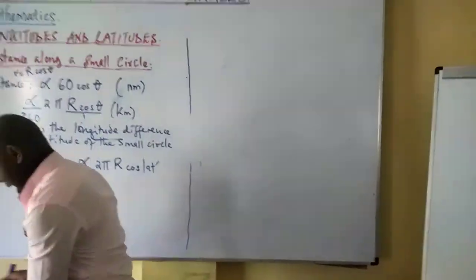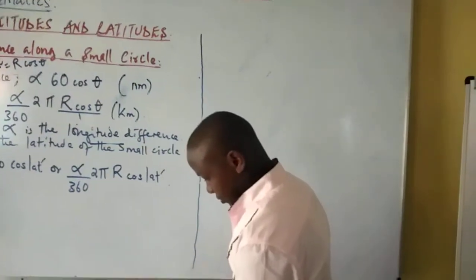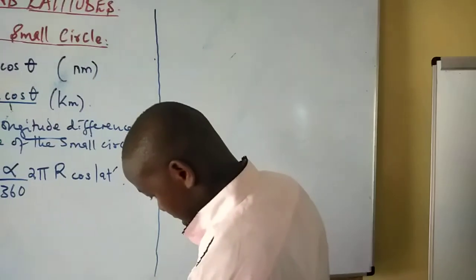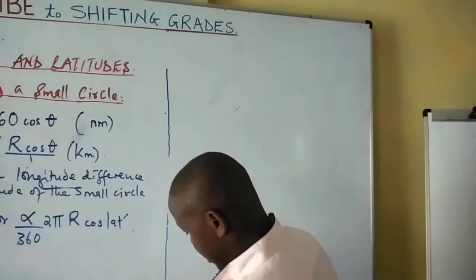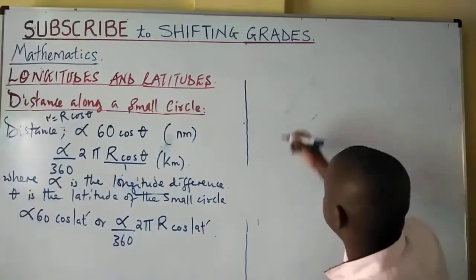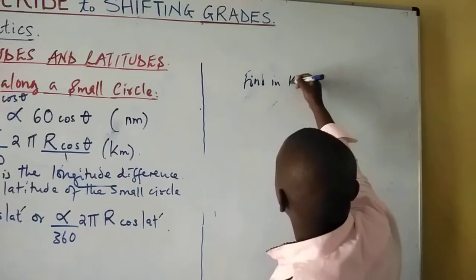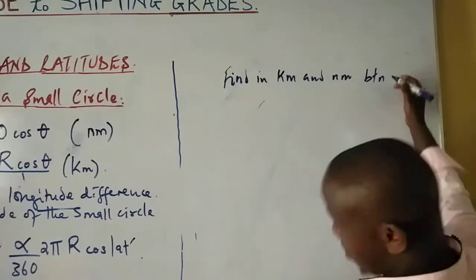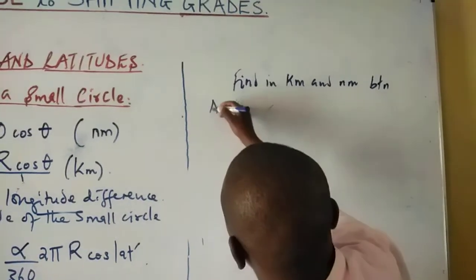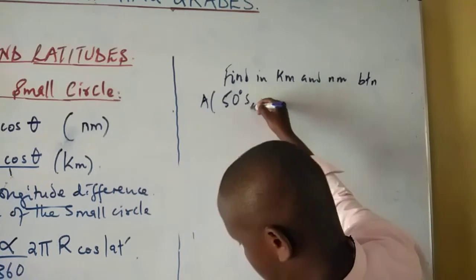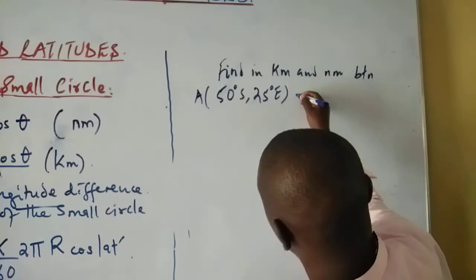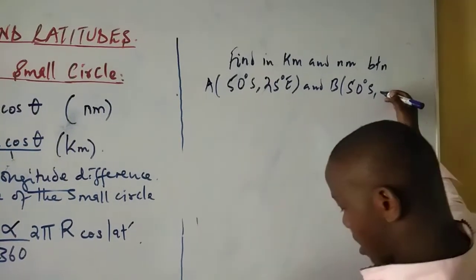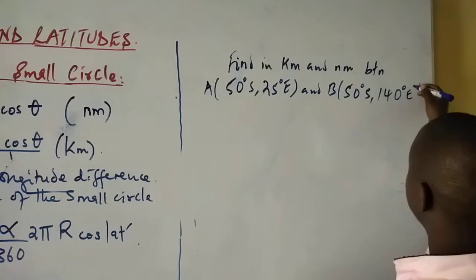Let me give an example. We are told to find the distance in kilometers and in nautical miles between two places: A, 50 degrees south, 25 degrees east, and B, which is 50 degrees south and 140 degrees east.